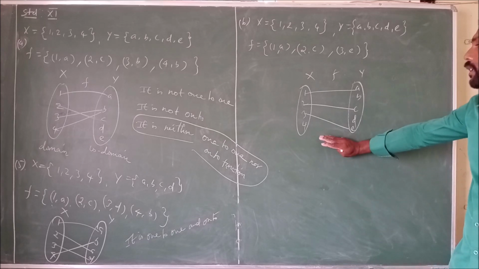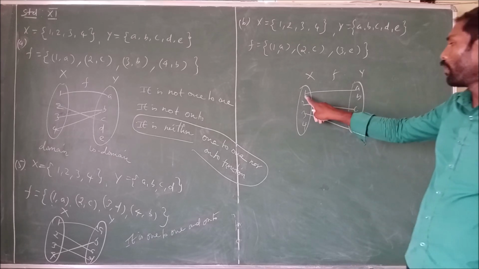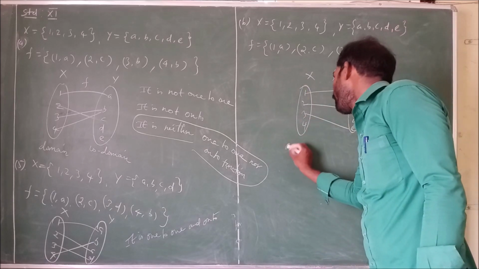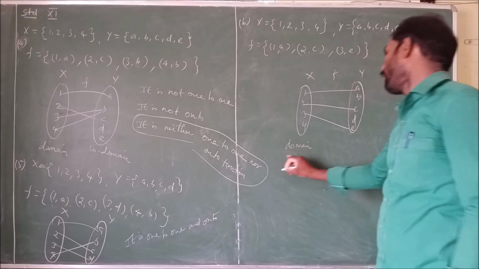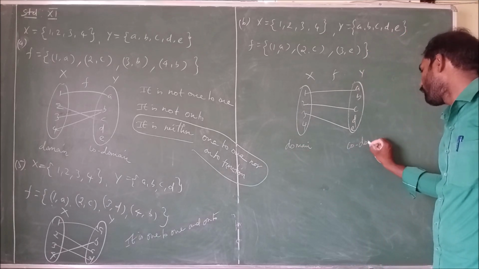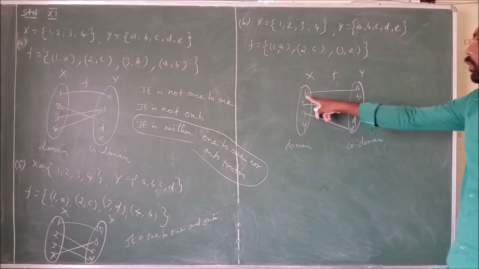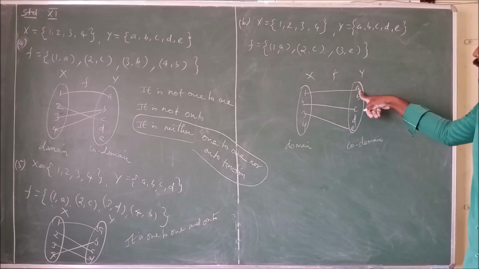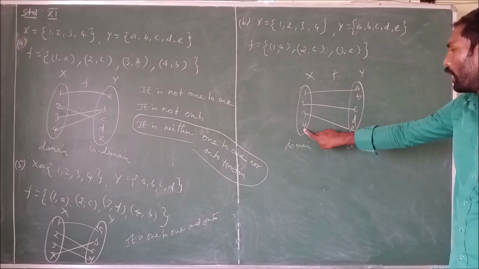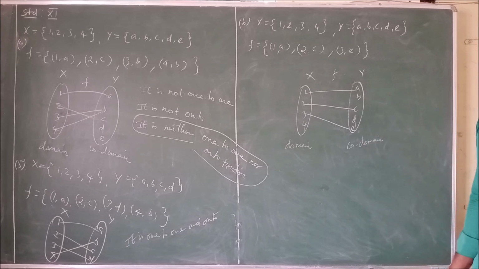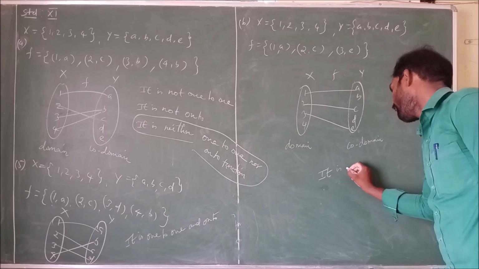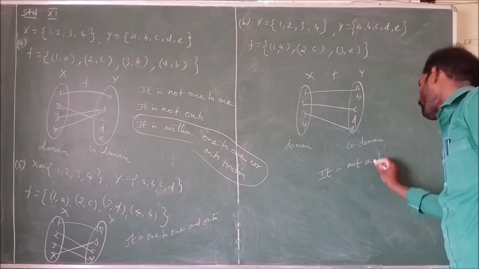First we check the basic definition: every element in the domain has at least one image in the codomain. So 1 is mapped to A, 2 to C, 3 to E, but 4 has no image in the codomain. So it is not a function. Clear that it is not a function.